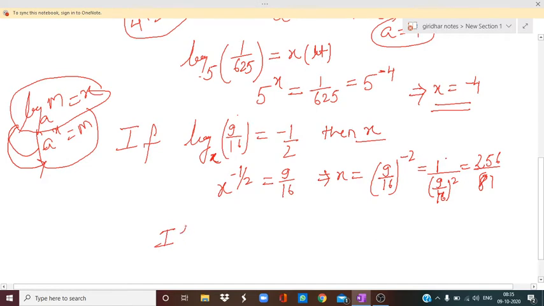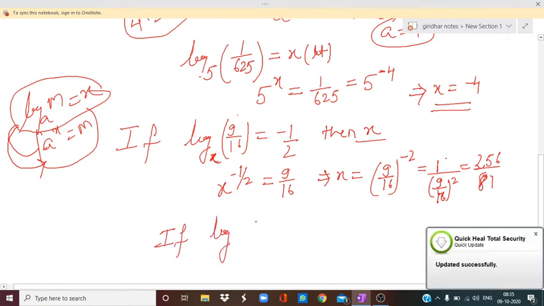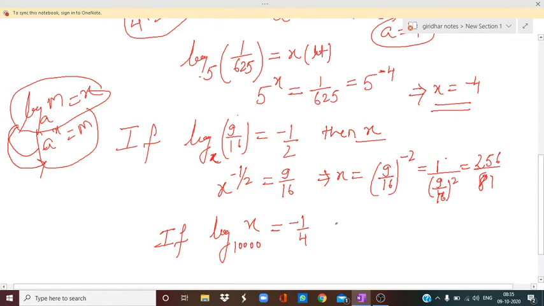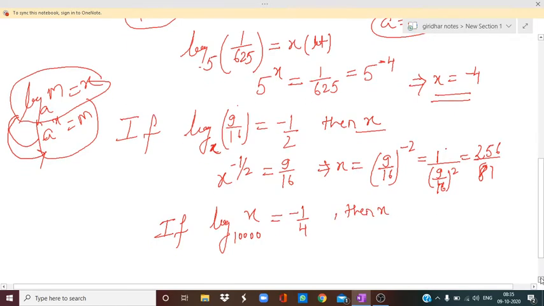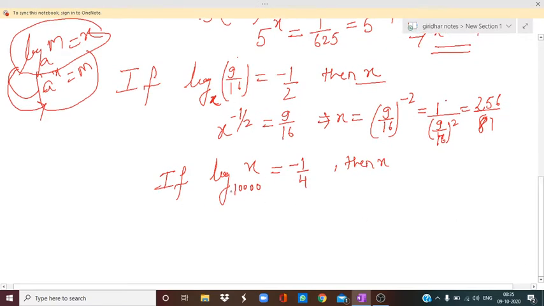Suppose if we have log x with base 10,000 equals to minus 1 by 4. Correct? Then we have to find x. So again we'll use the definition.